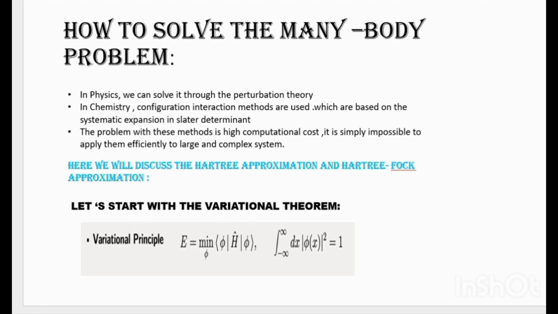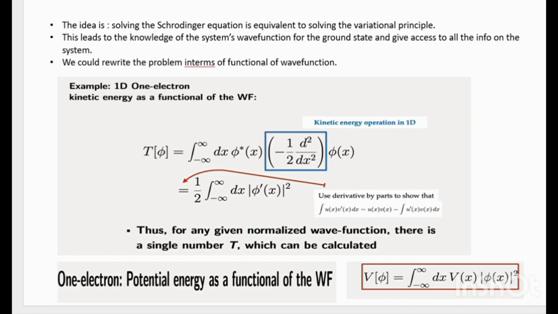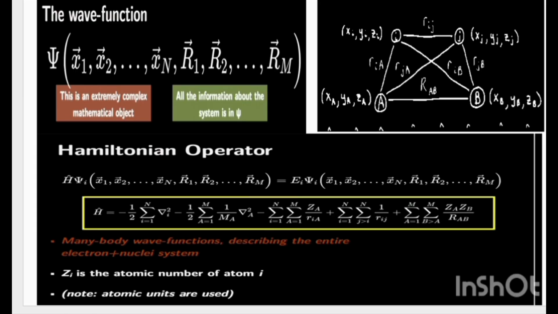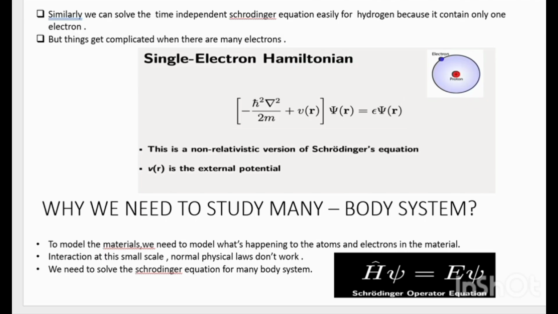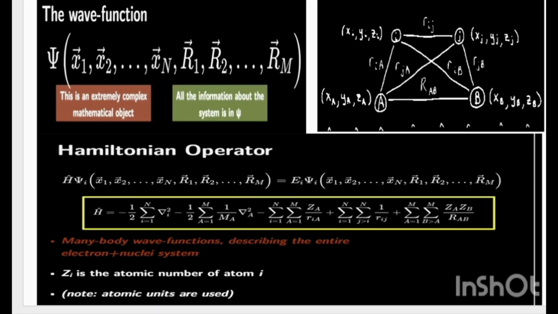Consider an electron, like the hydrogen atom, in which one electron is revolving around the nucleus. So what does the variation principle state?